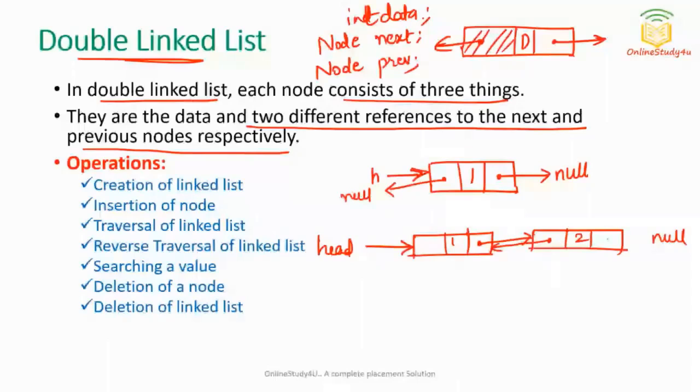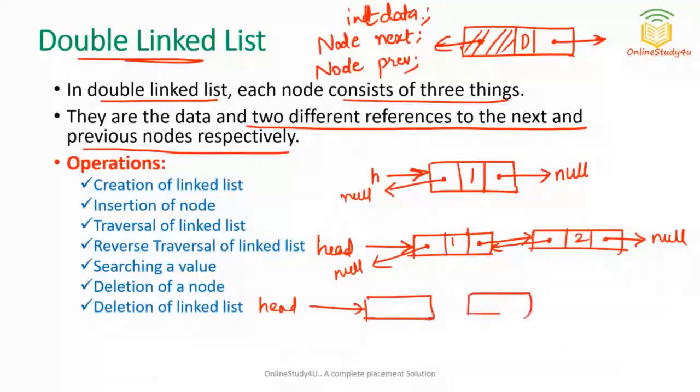In the same way, first node previous is pointing to null because we have no elements before that, and second node next is pointing to null. Now in the same situation, you can imagine what will happen in the case of 3 nodes. If we add more nodes, don't worry, we are going to code that part. So now you have understood the pattern. First we will understand it diagrammatically, then we will see the logic, then we will code it.